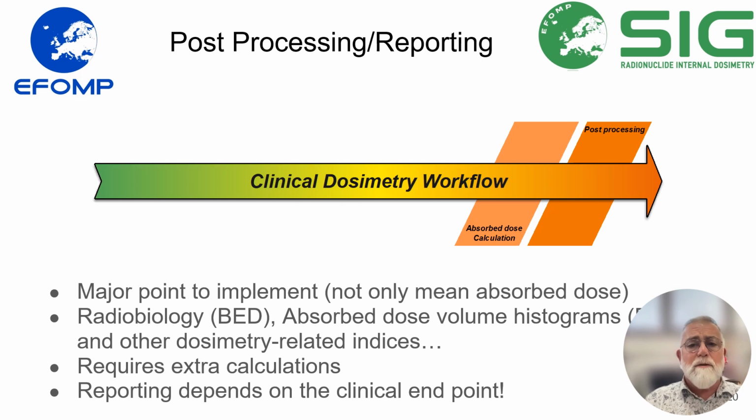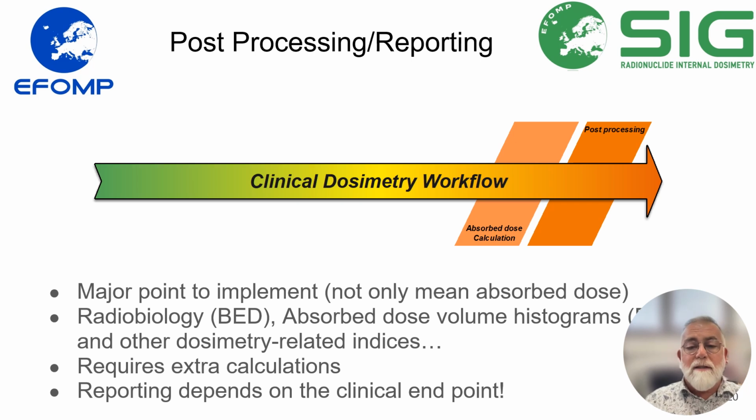And then there's post-processing and reporting. So your calculation may not be finished or completed when you get the average absorbed dose. If you have a voxel-based calculation, you can have absorbed dose volume histogram. You may want to implement radiobiological variable like BED and other dosimetry-related indices like minimum absorbed dose, mean absorbed dose, median absorbed dose, maximum, and so on.